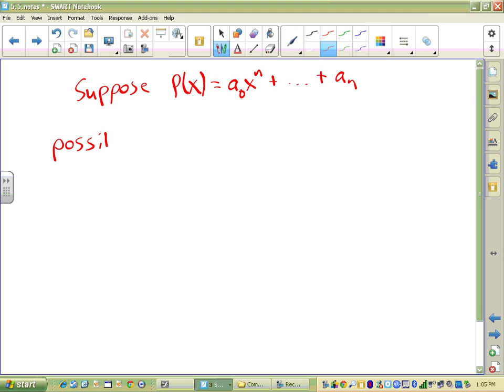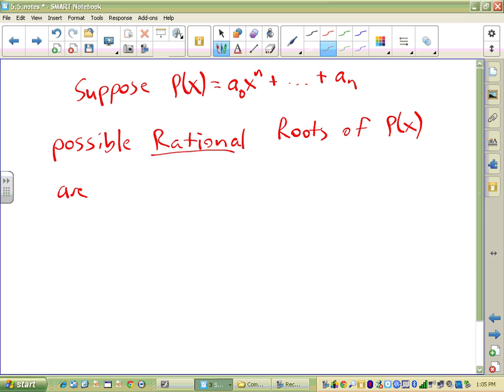Possible rational roots of p of x are plus or minus the factors of a sub n divided by a sub 0.